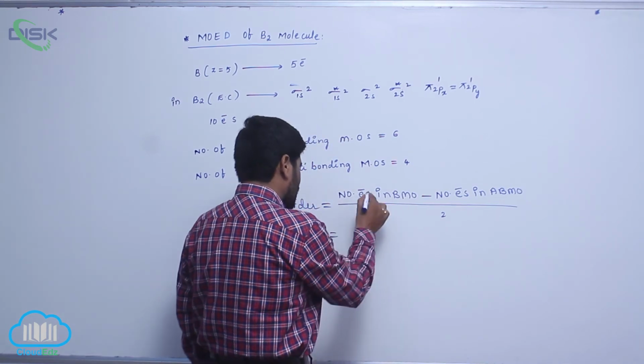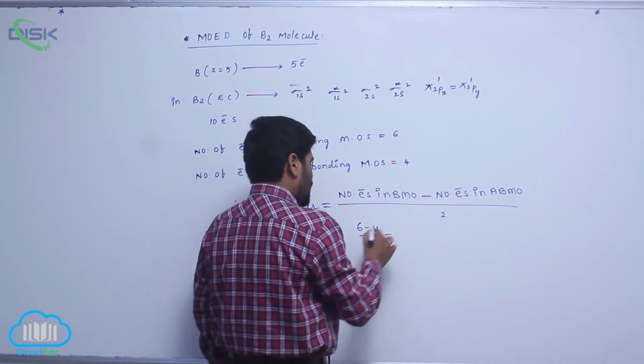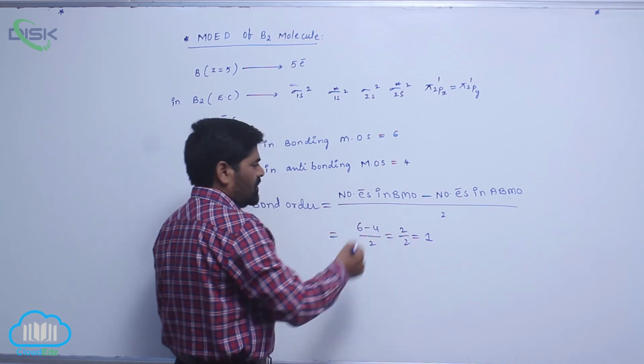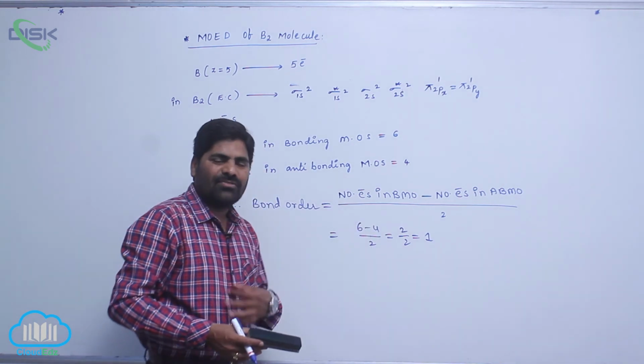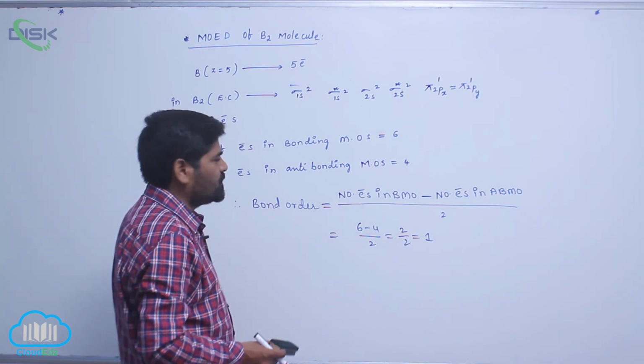So therefore here is what? 6 minus 4 by 2. Okay, here is 2 by 2, nothing but 1. So therefore what is the bond order? Bond order is 1. Single bond is present. Which bond is present? Single bond is present.